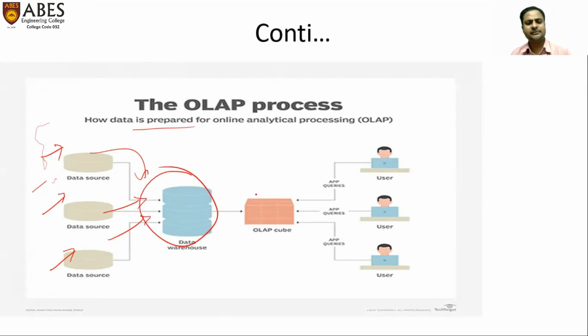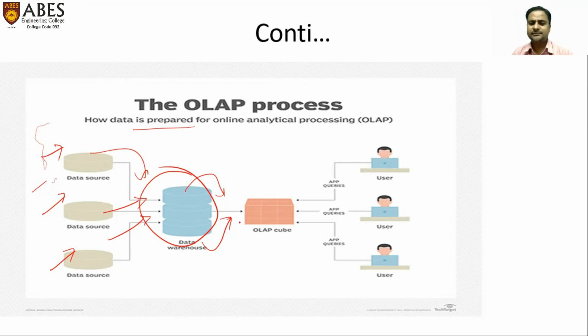The data warehouse takes the help of data marts, which are very large distributed data centers all around the globe. Through distributed processing, the data comes from the data mart to the data warehouse, and then this is sent to the OLAP queue.